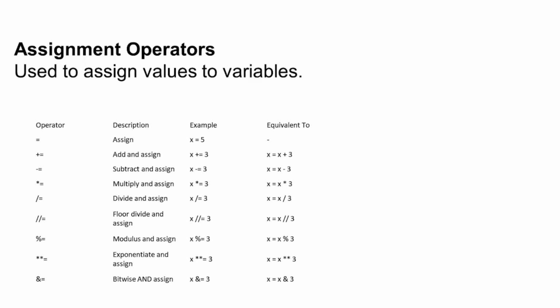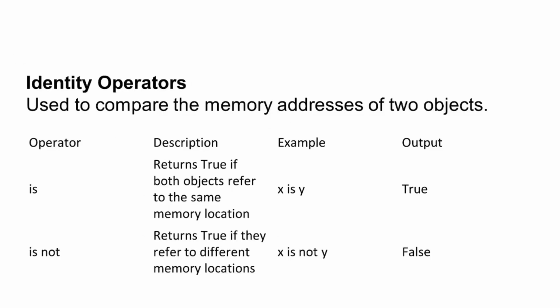Subtract and assign: x minus equal to 3, x minus 3. Multiply and assign: x multiply equal to 3. Then division and assign, floor division and assign, modulus and assign, exponent and bitwise and assign. So these are assignment operators.